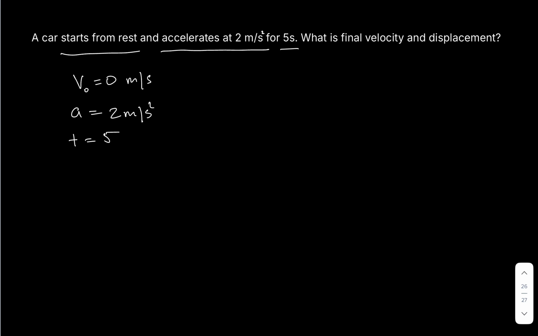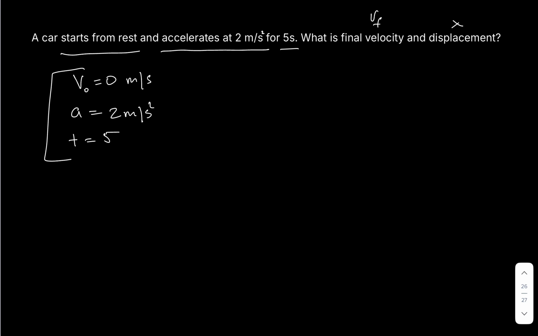All right, so we want to find velocity. One thing I like to tell my students in physics is that physics is just a big scavenger hunt. Look at what variables you're given, and look at what you want to find. So we want to find v final and we want to find displacement. Displacement is another word for your position, your x.